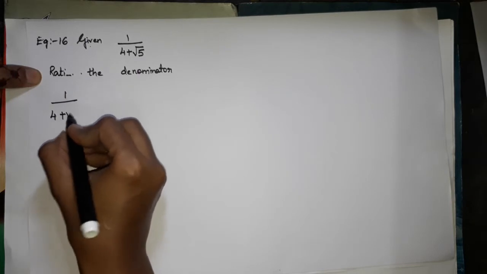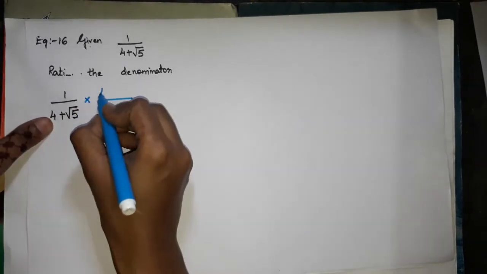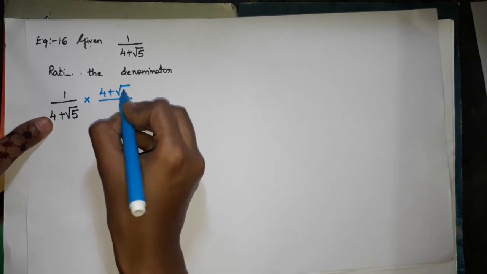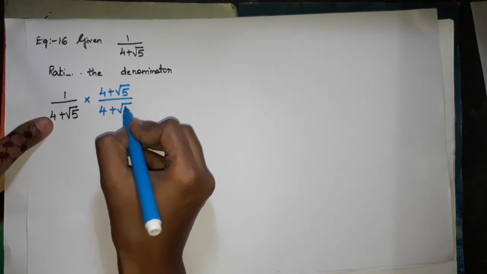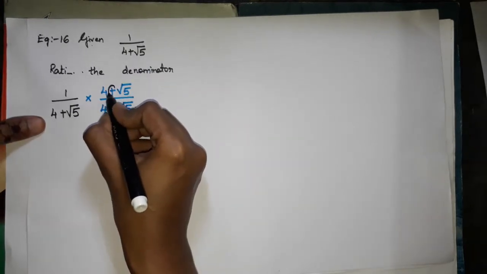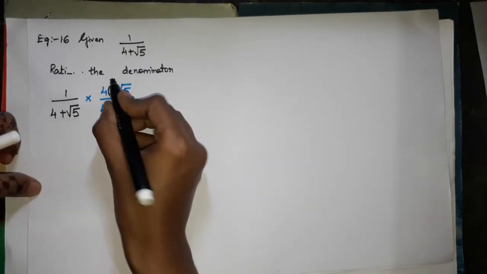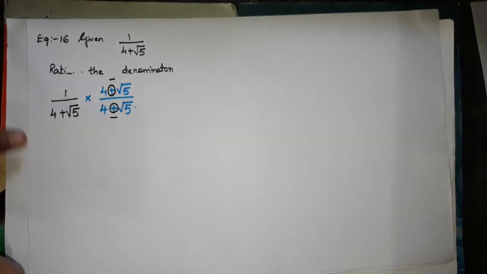So 1 by 4 plus root 5. What do you mean by rationalizing? Multiplication and division, right? The denominator is 4 plus root 5. But you have to change one thing. What is the change? The change is, in place of plus you have to write minus, children. Are you understanding?